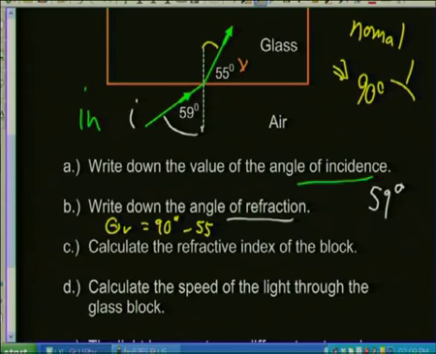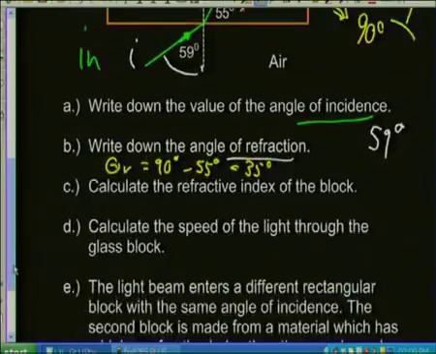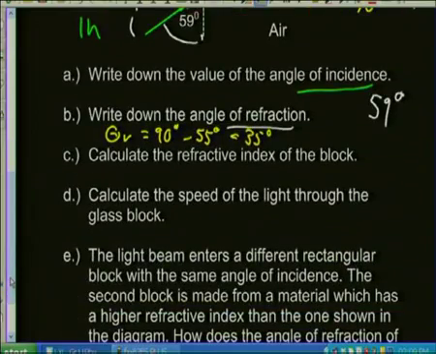To get the angle of refraction, I'm going to call it theta r, we're going to say it's 90 degrees minus 55. If you recognize that very easy calculation, it's going to be 35 degrees. Make sure you've got it. If you're not sure about the arithmetic in your head, use a calculator and check it, but I'm not going to do that right at the moment.